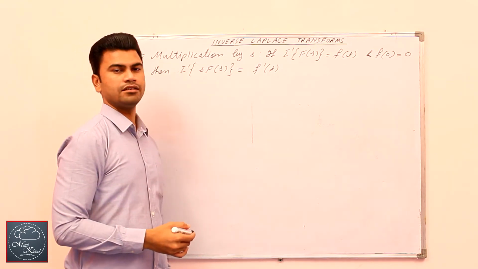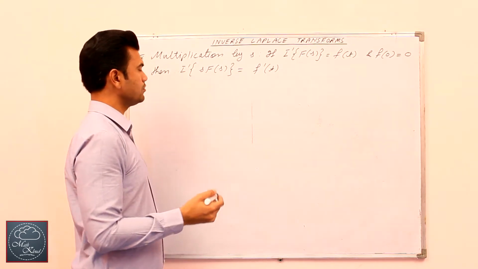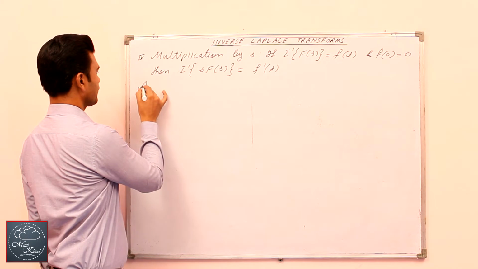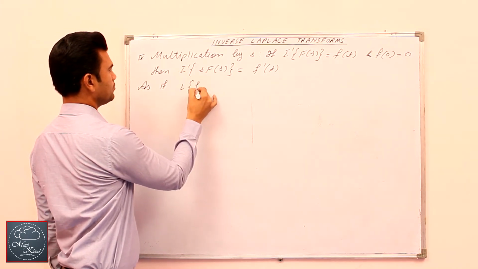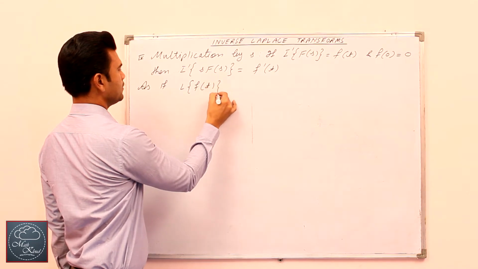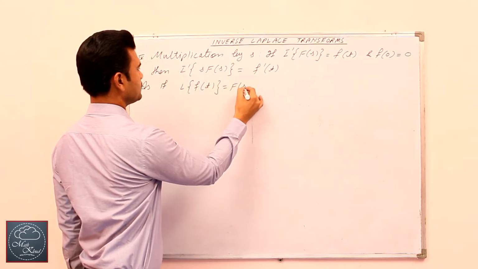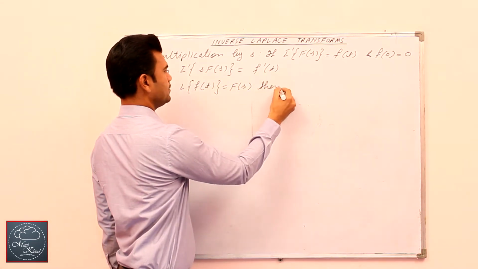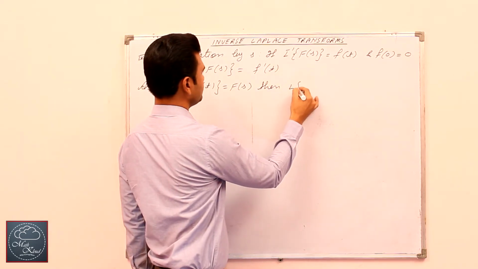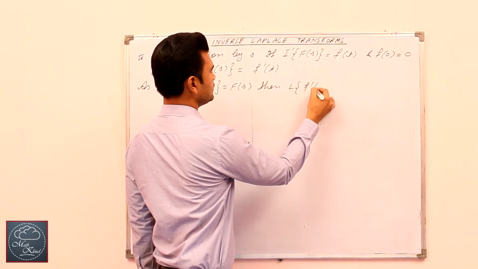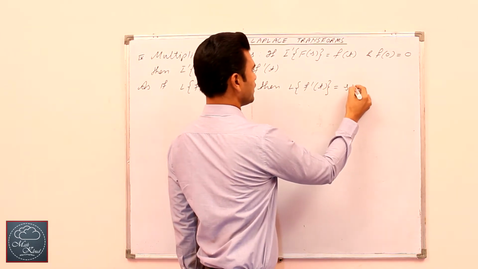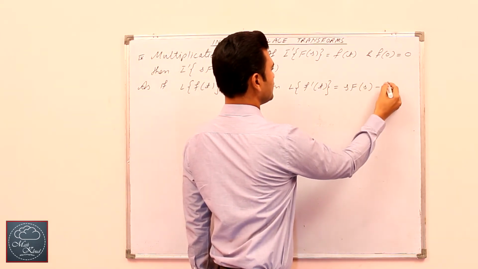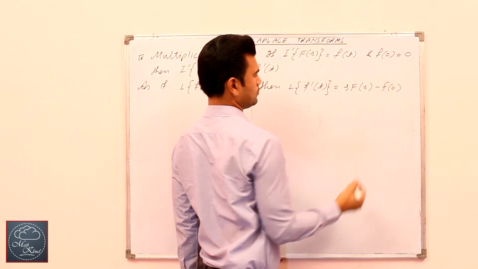And this result directly follows, as you know that if the Laplace transform of f of t is f of s, then the Laplace transform of f dash t is equal to s f of s minus f of 0.